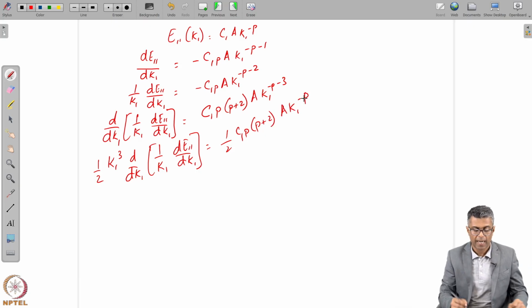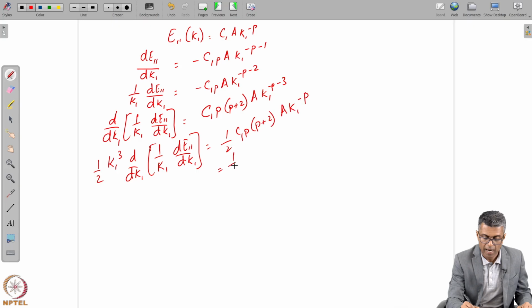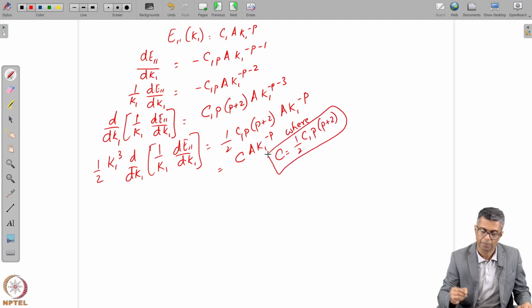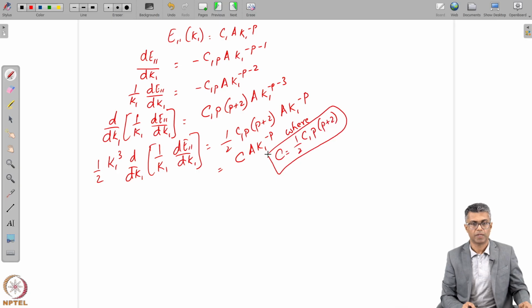So now I can just write this as C A kappa 1 to the minus P, where C is equal to half C1 P times (P plus 2). Isn't it?